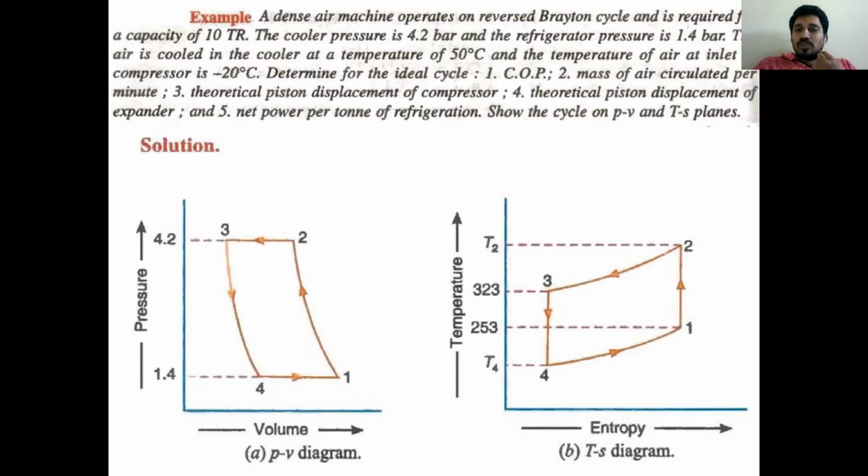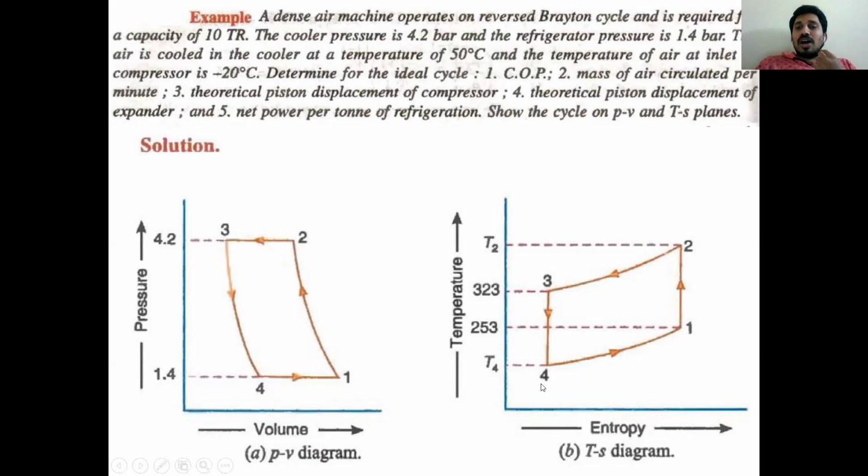So in the 2-3 process, the temperature drop takes place. You can see the temperature drop here. 3-4 is isentropic expansion, a vertical straight line, entropy stays constant, and pressure drops during that expansion process, so temperature automatically drops.